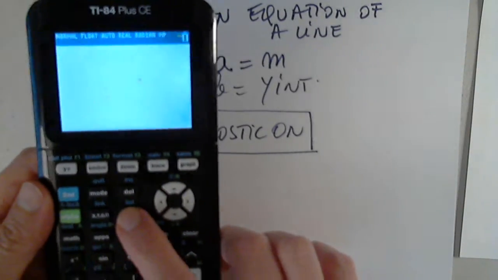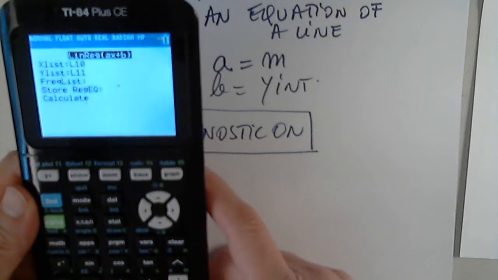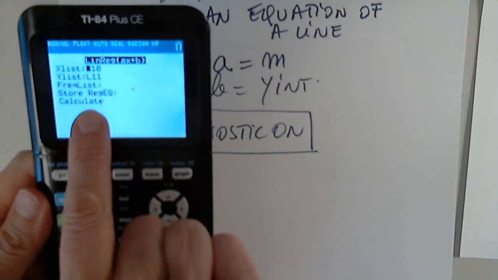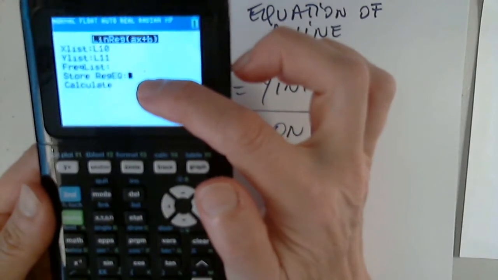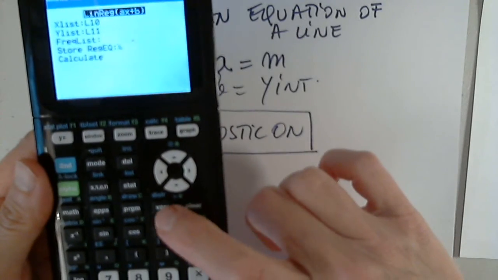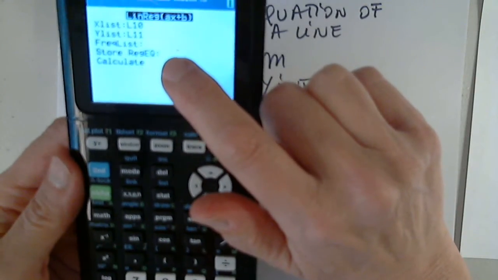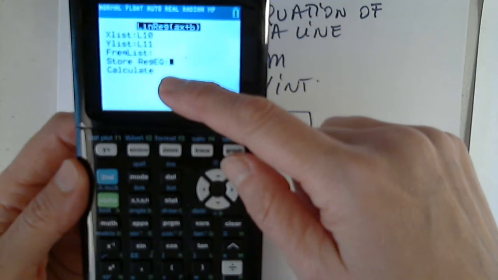So finally, let's go to Stat and do the linear regression. And stop, don't do anything when you get to store regression equation. Scroll to that point. Press on Vars. When your cursor is blinking at the store regression equation, we don't want to copy it.